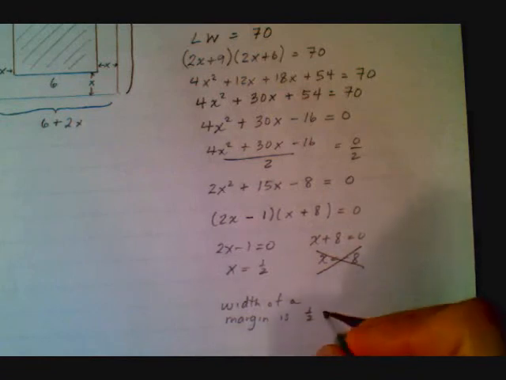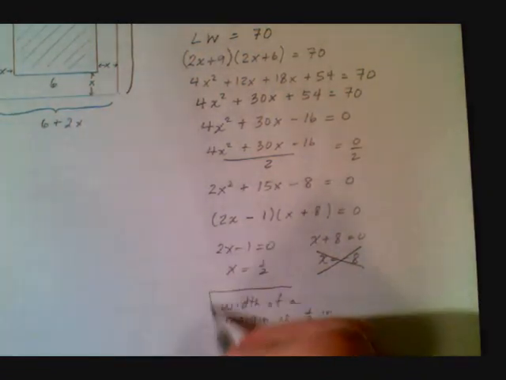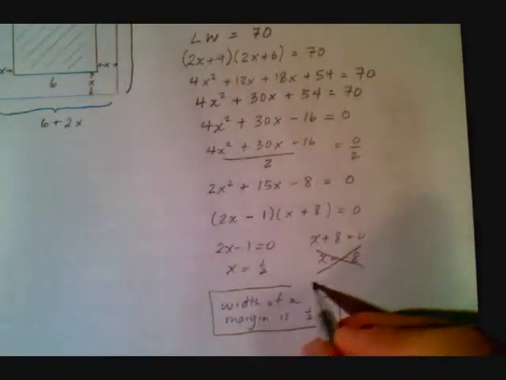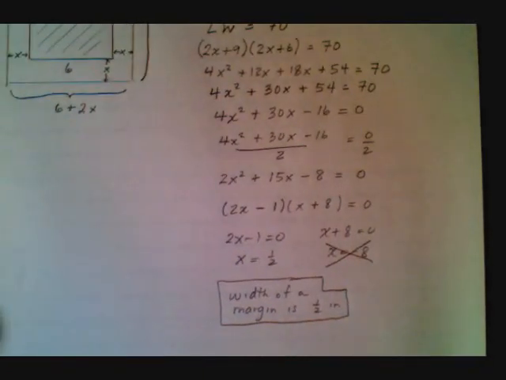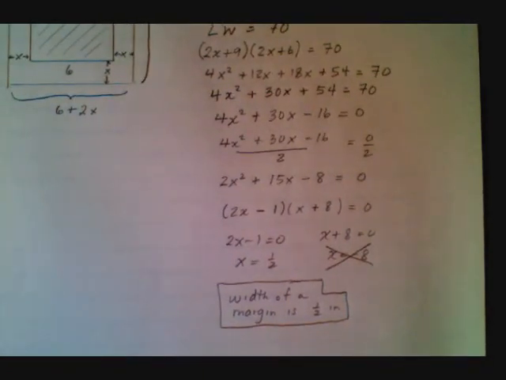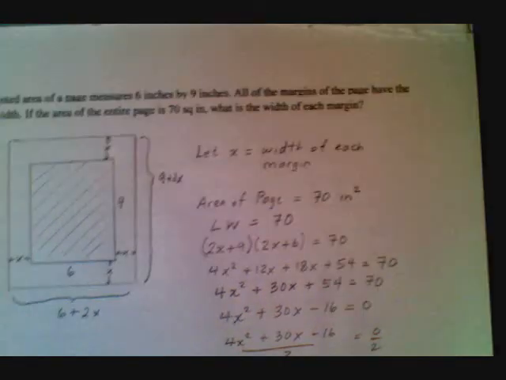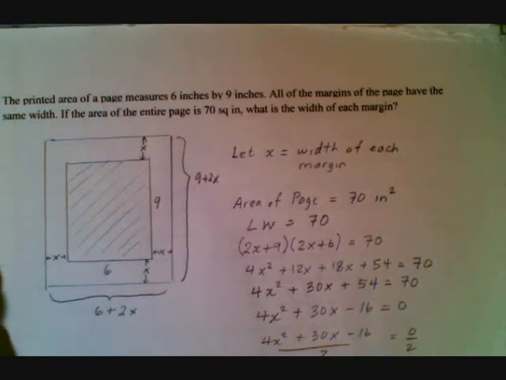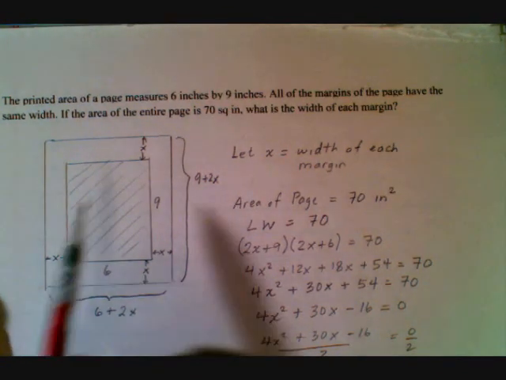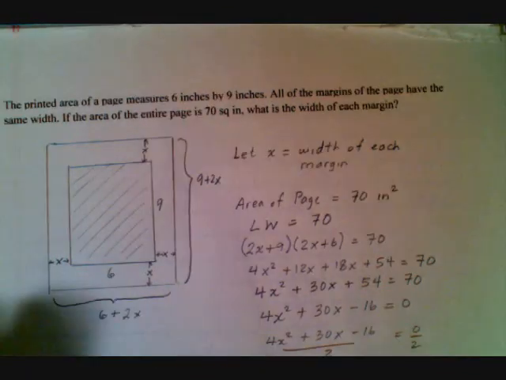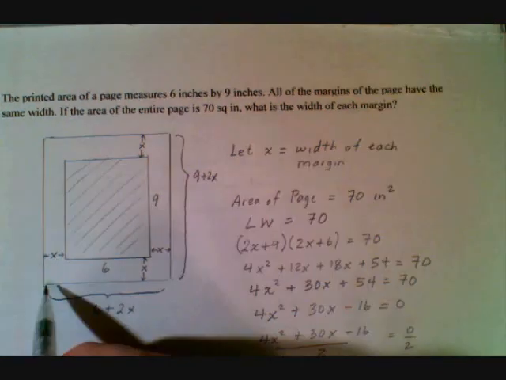Now let's just very quickly check that to make sure that it makes sense in the context of the problem. Let's go back and read the problem again. The thing that we want to focus on here is that the area of this entire page has to be 70. Well, again, to get the area of the entire page, multiply the length by the width.